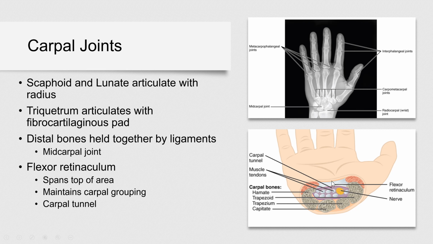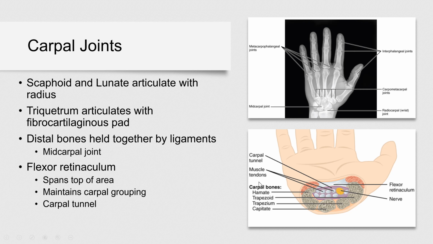And then you have connective tissue that is located on the top of the carpal bones, and it covers the tendons of the muscles that are passing through this area, right?